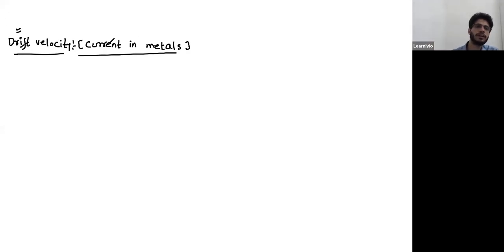So your current electricity in your syllabus is in two parts. One is theoretical, which is related to this drift velocity. Another is circuit analysis, a major portion of which you have already done in your capacitor chapter number 2. So in current in metals, you have a conductor, a metal conductor.